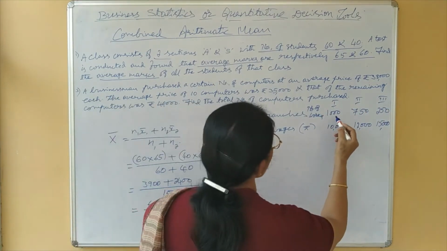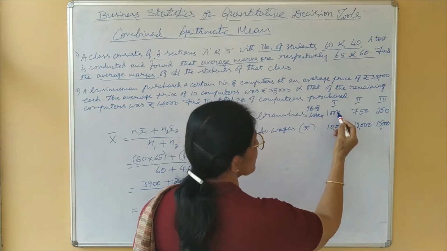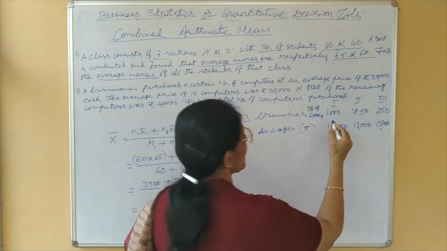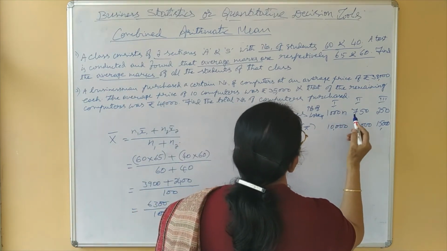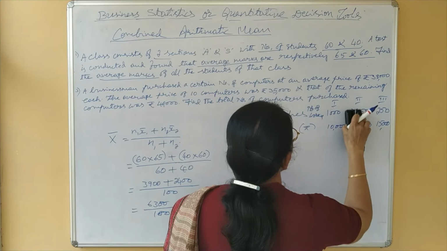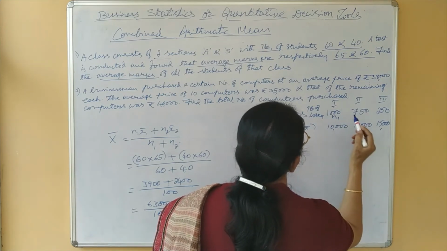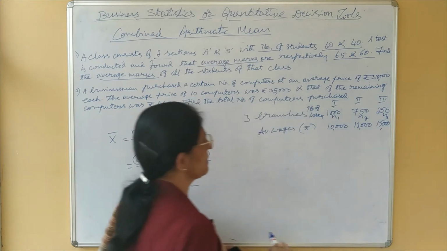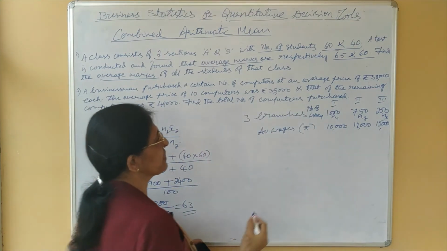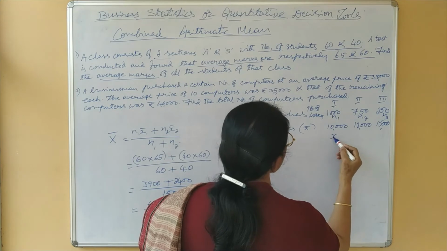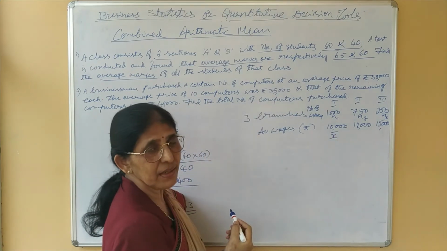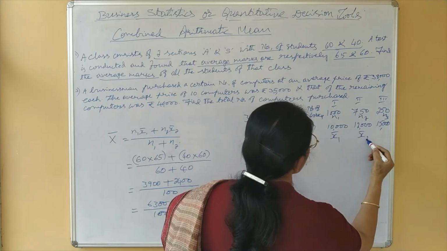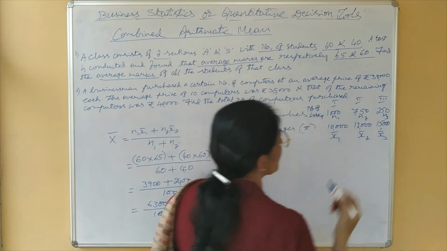Here the number of workers is denoted by N: this one is N1, this one is N2, this is N3. Then the average wages are denoted by X bar 1, X bar 2, X bar 3.